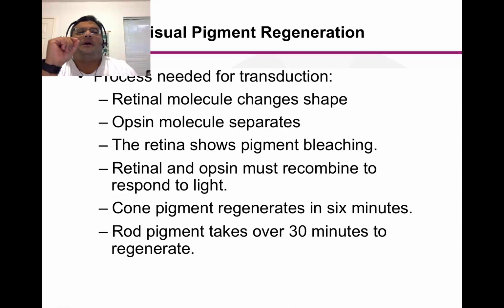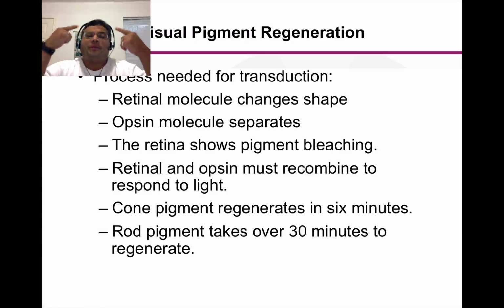So you're not losing as many molecules in the dark as you are in the daytime. So there's not a need to replace those rod pigments so quickly. It takes about 30 minutes to regenerate the retinol opsin combination, whereas in the cones it takes about 6 minutes for the cells in your retina to regenerate that.